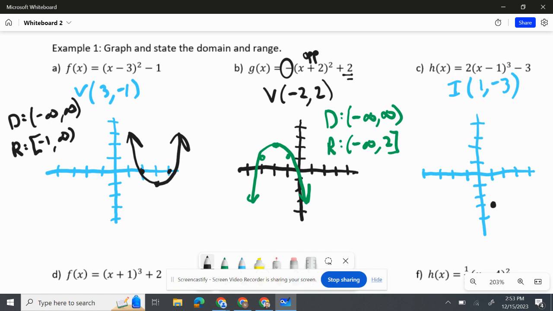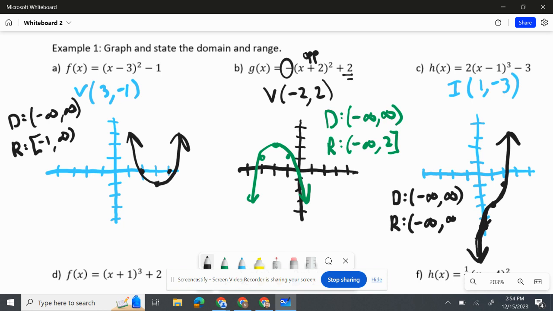So we go up 2 to the right one, and then down 2 to the left one. Then we make it as curvy as we can. Not the best graph, but that is our cubic. Just like our cube root, the domain is -infinity to infinity, and our range is also -infinity to infinity.